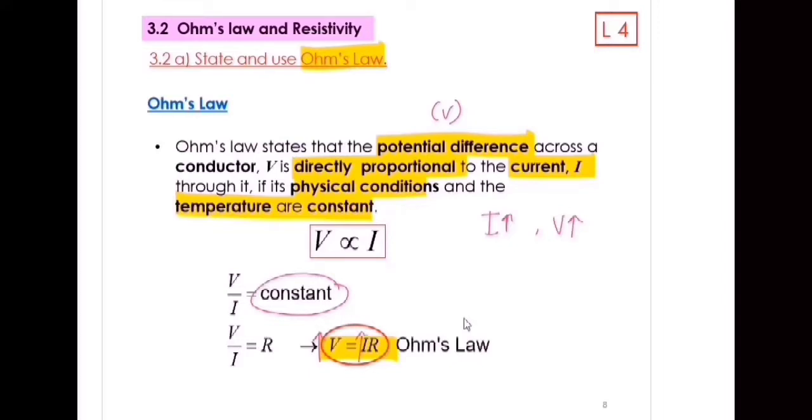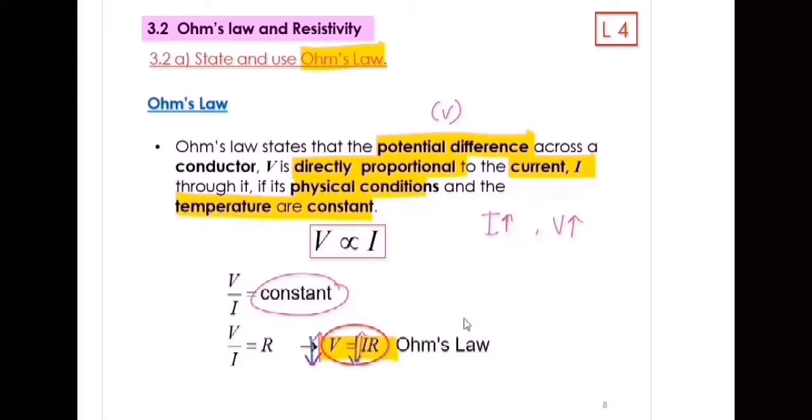It's directly proportional. And when we decrease the voltage, the current will also decrease, so it works both ways.